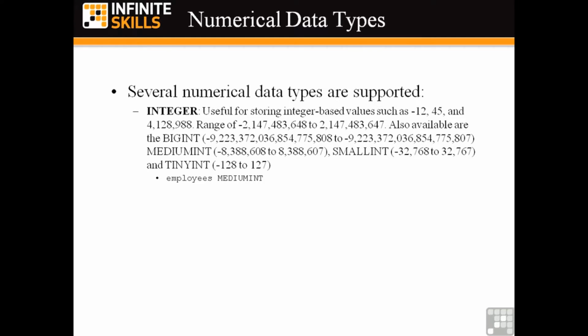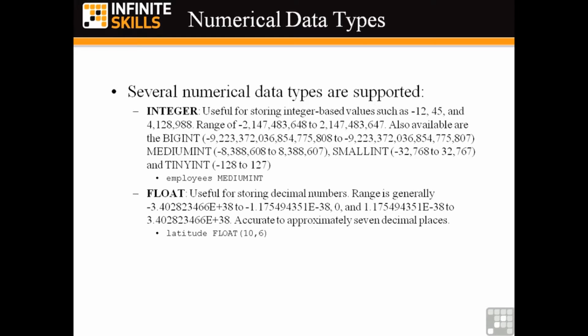So for instance, small int supports up to roughly 32,000 on both the positive and negative side, and tiny int supports a range of between -128 and 127. Finally, if your range is expected to be unusually large, you might consider big int, which as you can see from the slide, sports a range larger than I care to decipher.